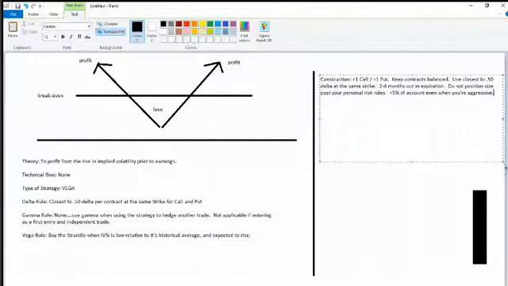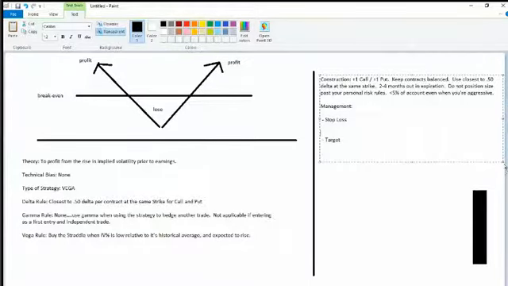Now, the other thing is management. And this is where, honestly, I think that traders need more work on management than anything else. And you need to have a stop loss, okay? You need to have a target, and you need to know exactly what your entry is.